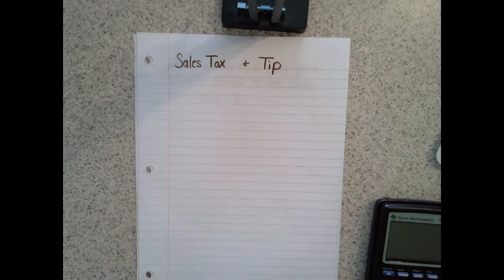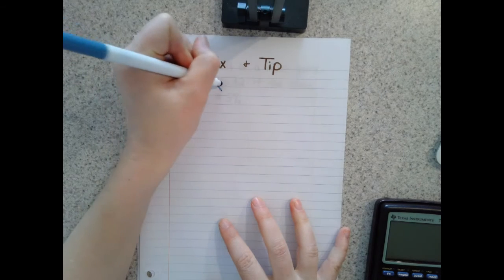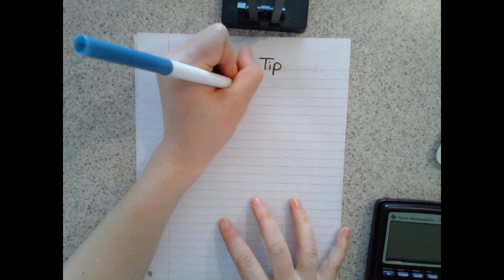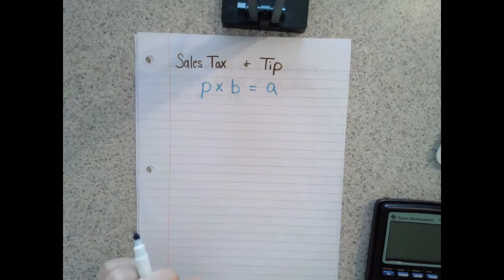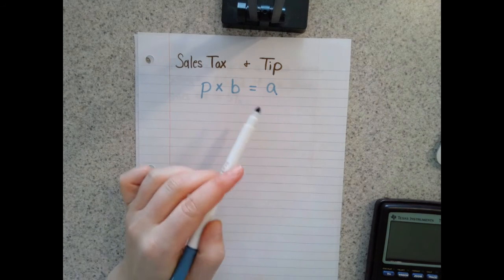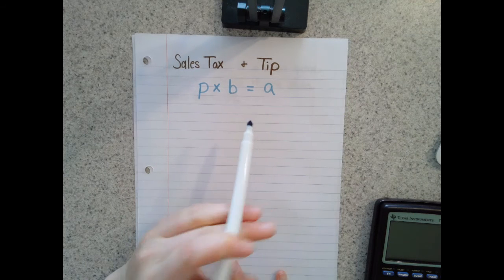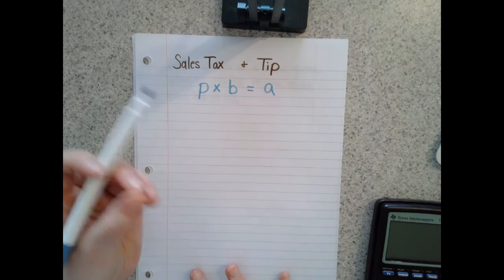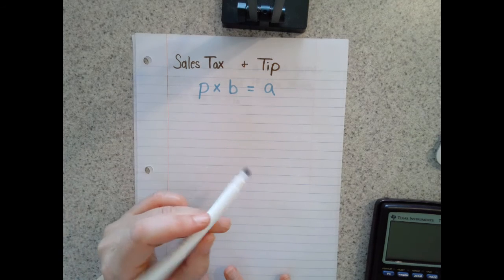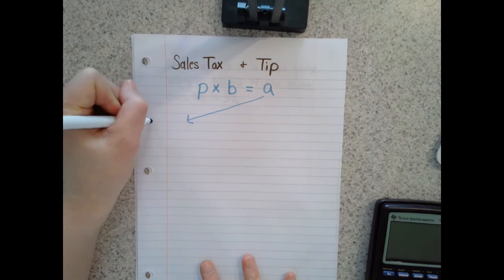So to find sales tax and tips, we can use our handy dandy percent equation. Now yesterday we saw that the part can represent the discount, the part that you're going to take off your retail price.